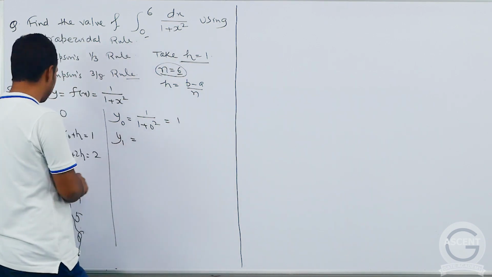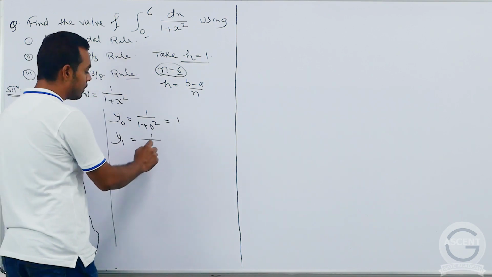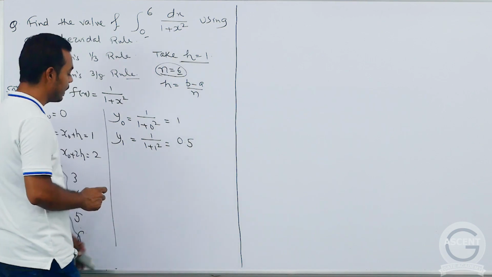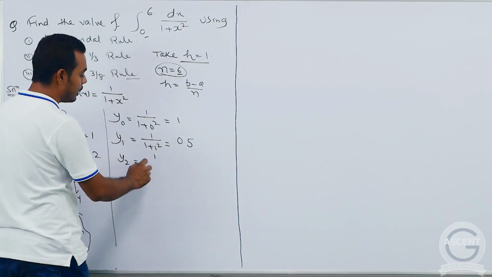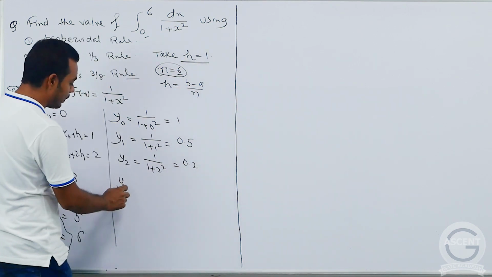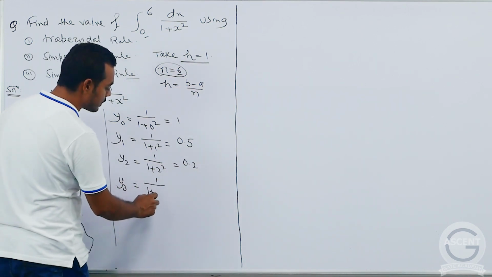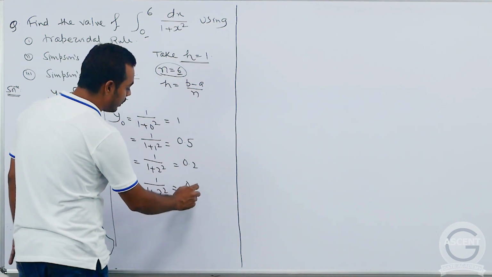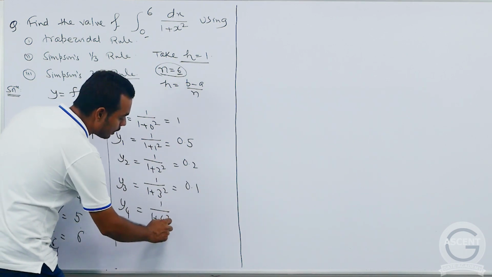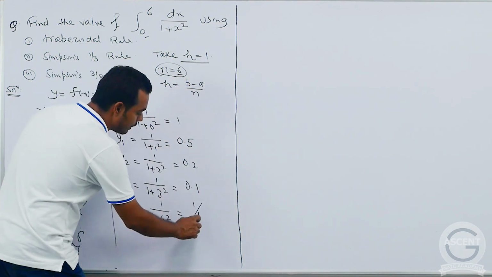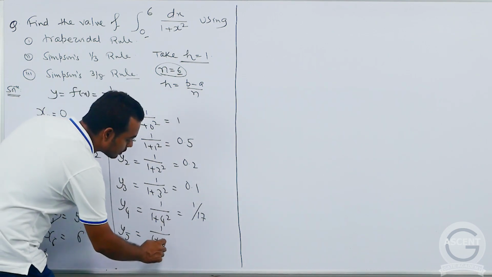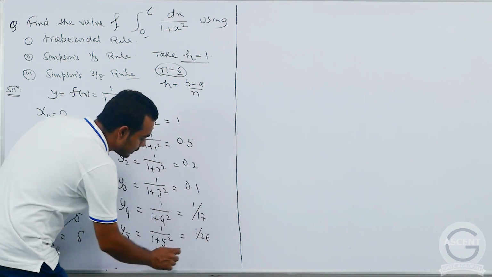Similarly y1, now x1 is 1, so y1 will be 1 by 1 plus 1 square, so this will be 1 by 2.5. Then y2, this will be 1 by 1 plus 2 square, which is 0.2. y3, this will be 1 by 1 plus 3 square, so this will be 0.1. y4 is 1 by 1 plus 4 square, so 1 by 17. y5, this will be 1 by 1 plus 5 square, so 1 by 26.